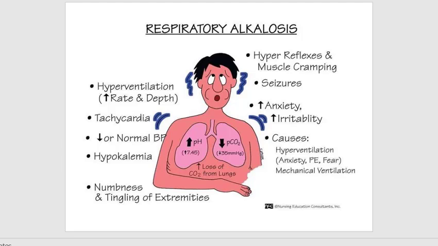It tries to keep your pH between 7.35 and 7.45. If your pH is getting too low and you're getting acidotic, your brain will tell your lungs to breathe a little faster to get rid of some of that CO2 to level you back out. And it's constantly doing that.